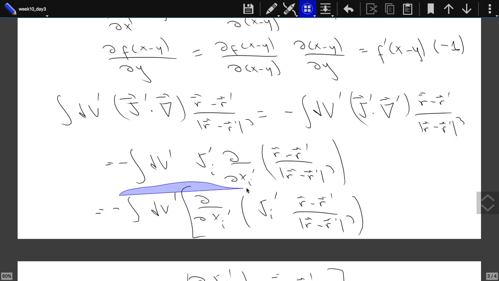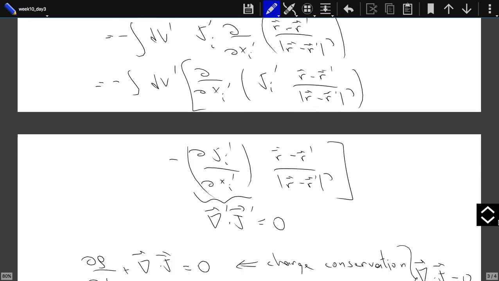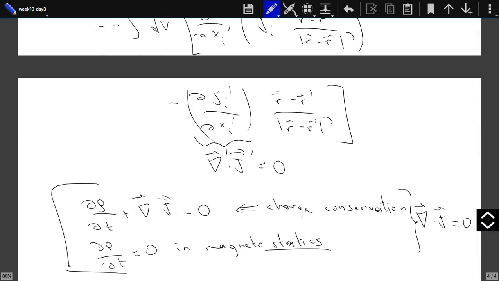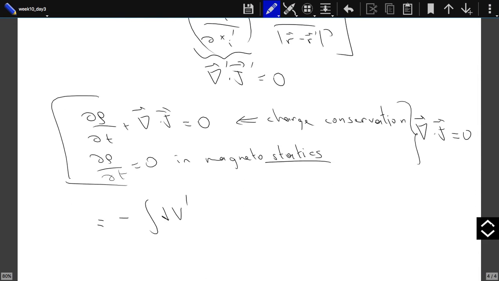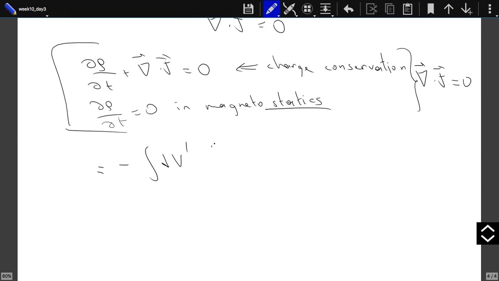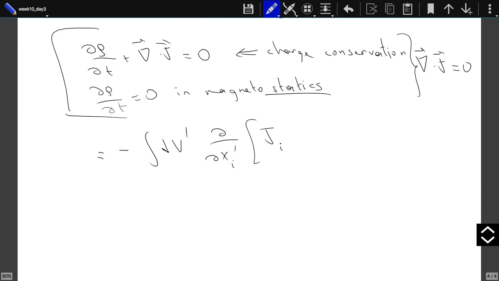Let me take this term. This is equal to minus dv prime del over del xi prime of ji prime r minus r prime over r minus r prime cube.